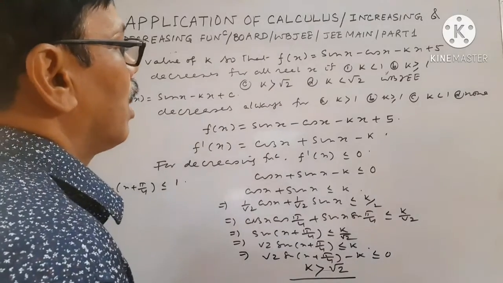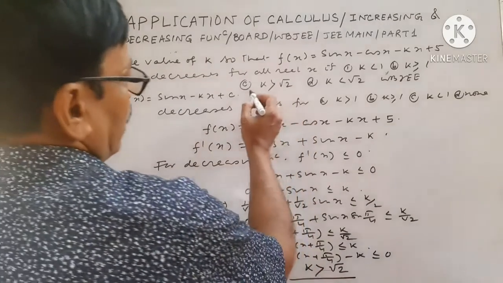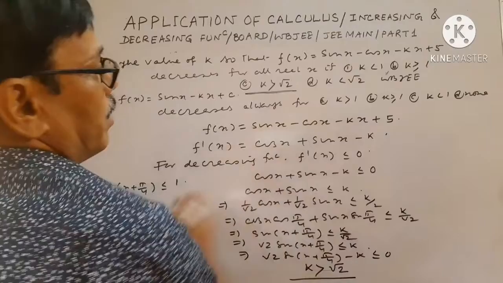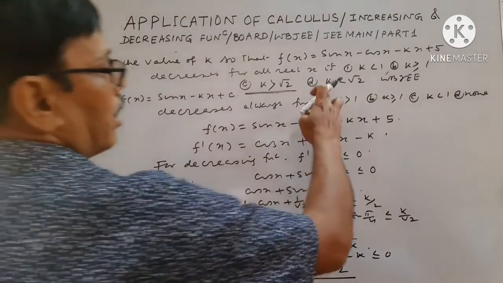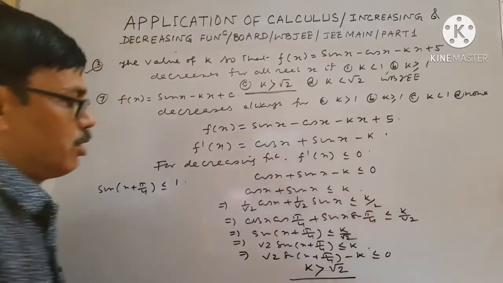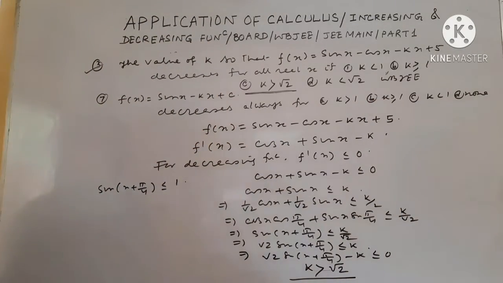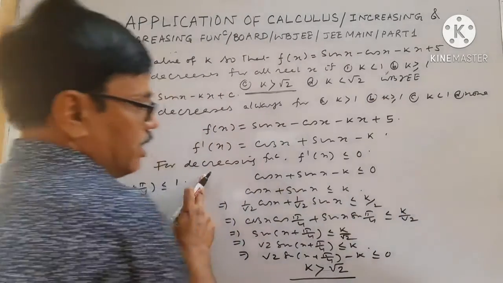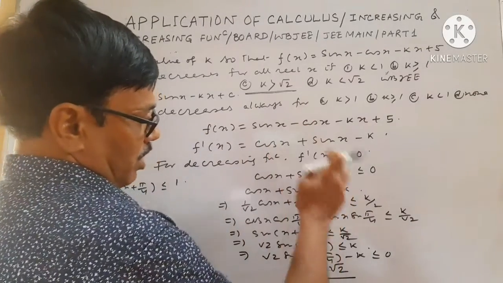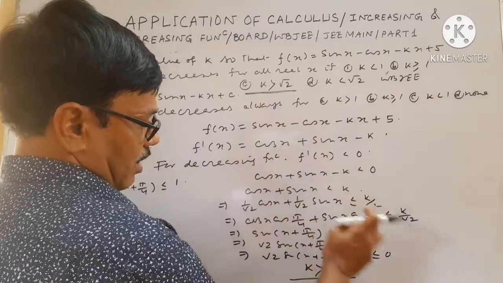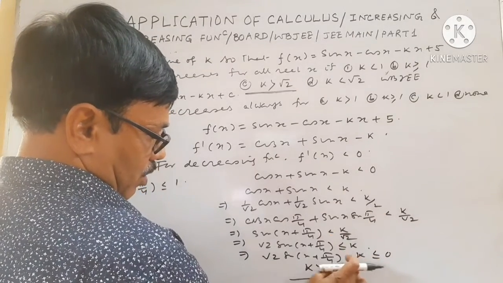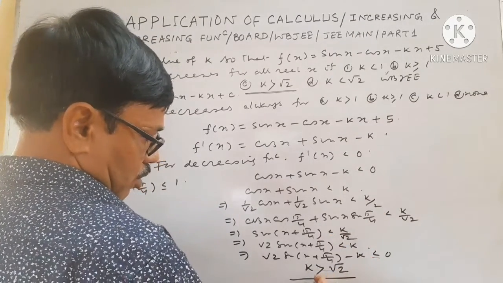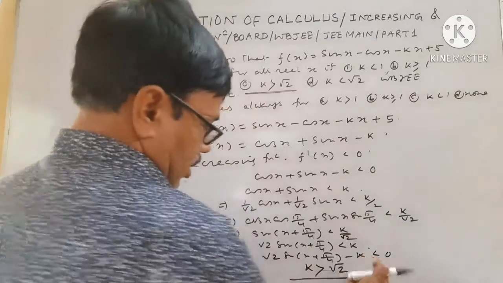So look at the answer. Here only greater than root 2 is given, not greater than or equal to. If it is not given as a decreasing function, we use this one, f dash x less than 0.